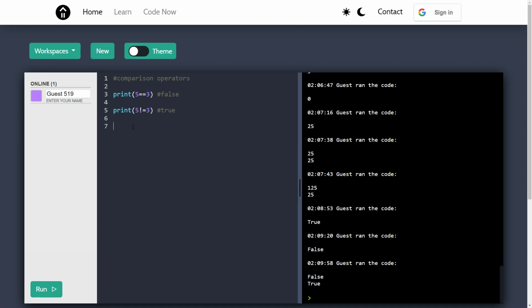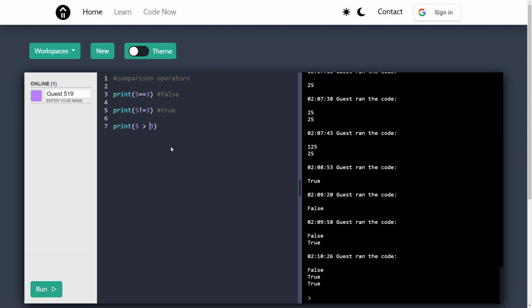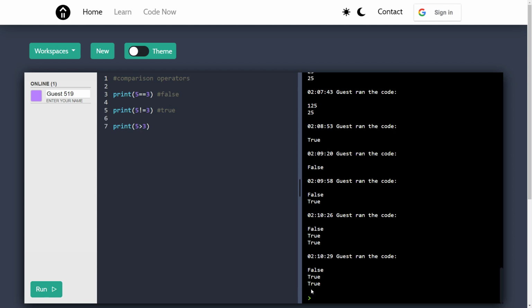Now, this is something else that is very useful, these ones. For example, is 5 greater than 3? Let's run it. You don't need these spaces at all. It'll still work. So, true, right? 5 is greater than 3, so it's true. Is 3 greater than 5?